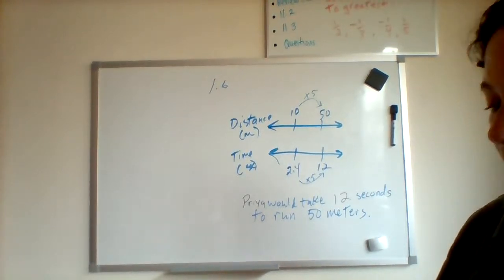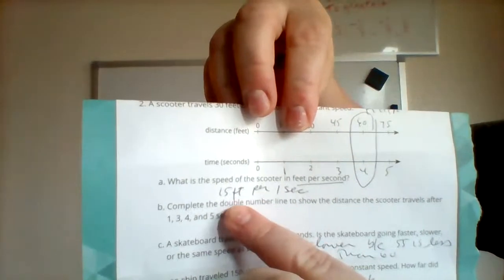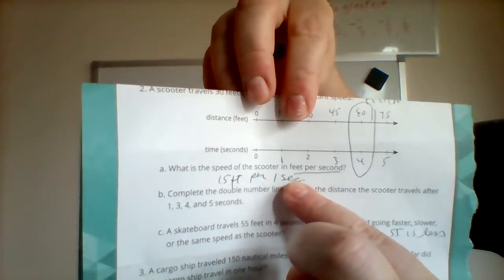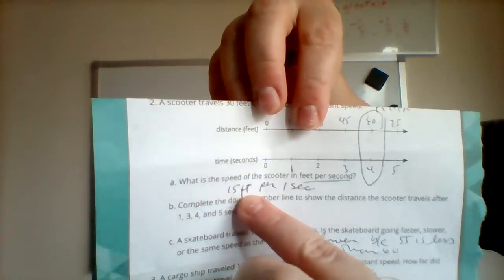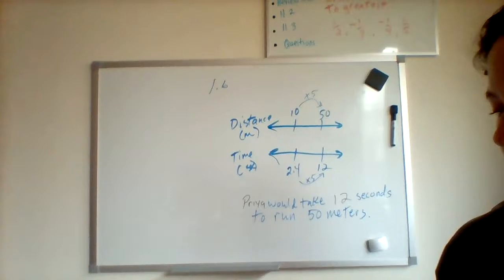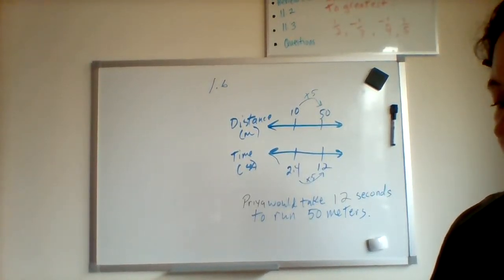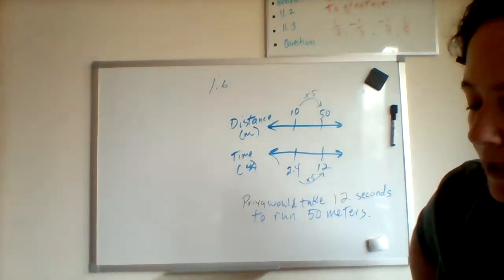Okay. Now that means, what is the speed of the scooter in feet per second? Everybody should put down that it is 15 feet per second. The speed of the scooter is 15 feet per second. And we already did part B because I told you guys to complete it and compare it.